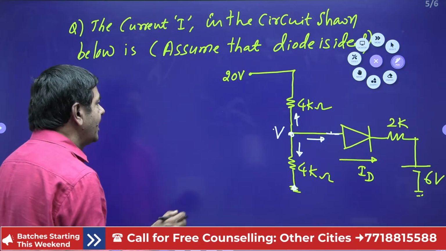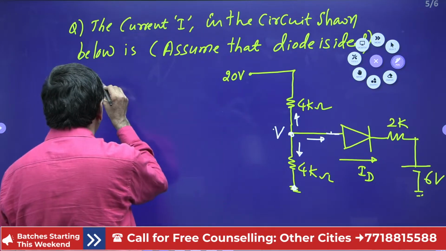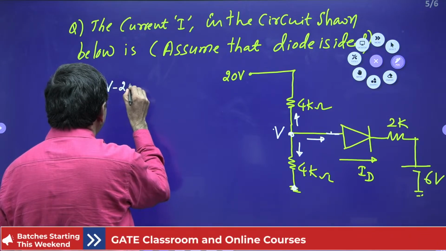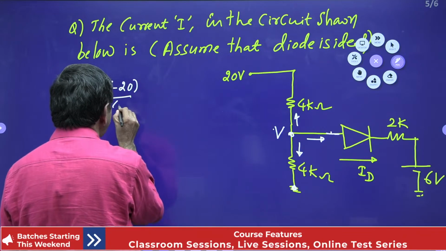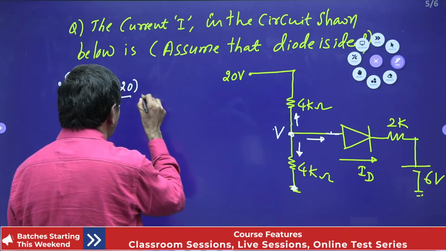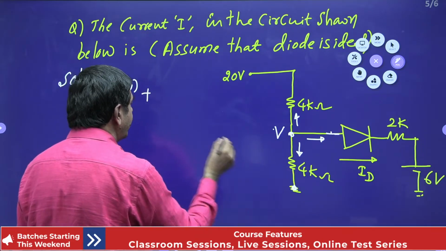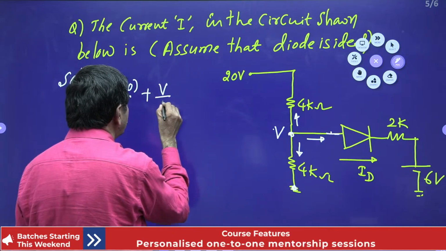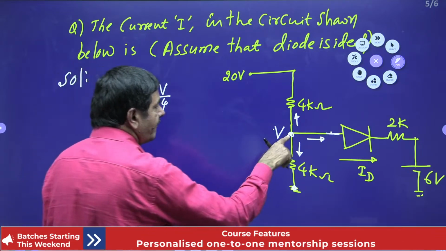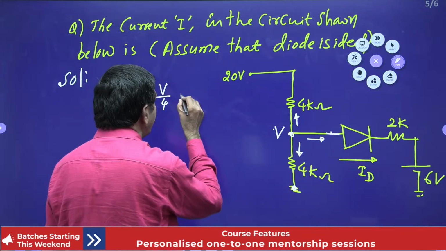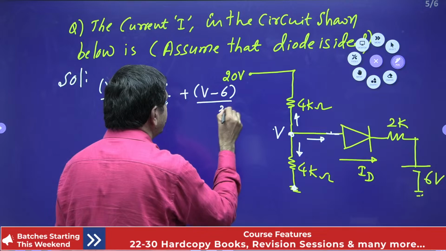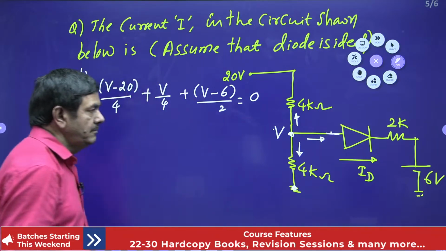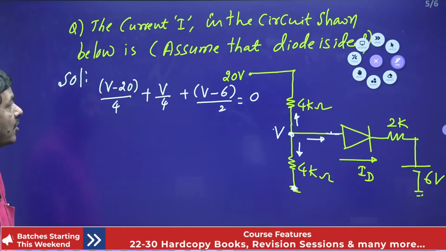As per nodal, (V minus 20) by 4K plus V by 4K plus (V minus 6) by 2K equals 0. All are in kilo ohms. No drop across the diode.